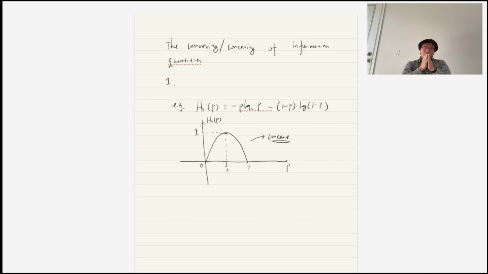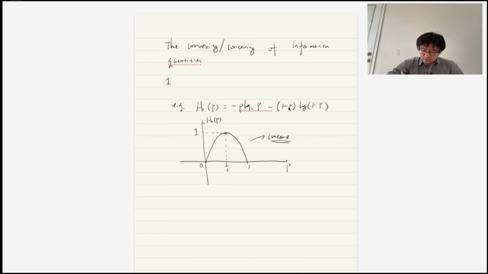But now let's try to generalize it. The reason this is so easy is that we only have 2 items in the probability, p and 1 minus p, so we basically have just one variable, because p plus 1 minus p has to be 1.